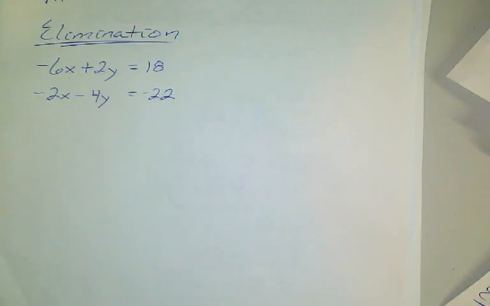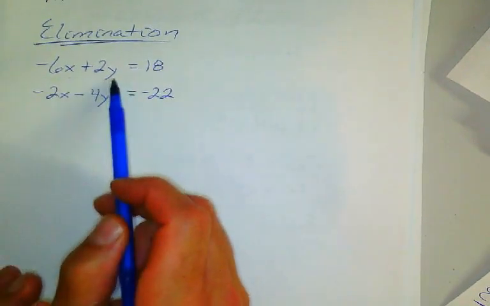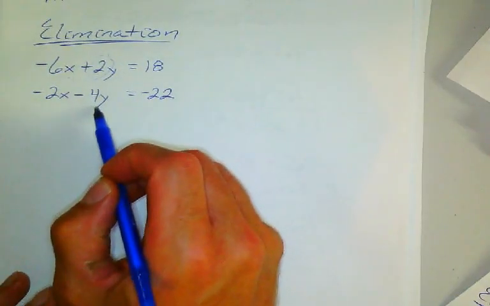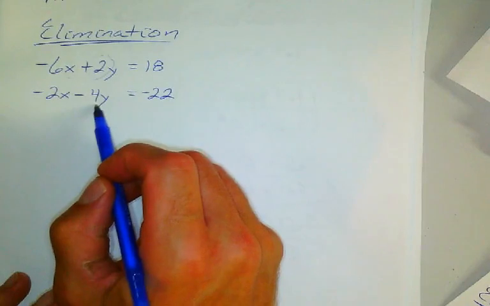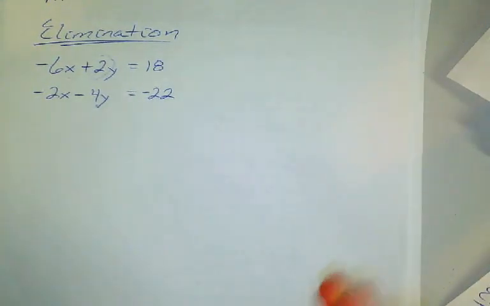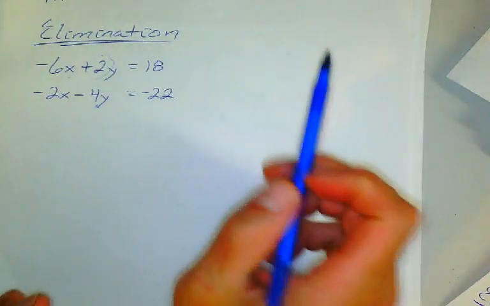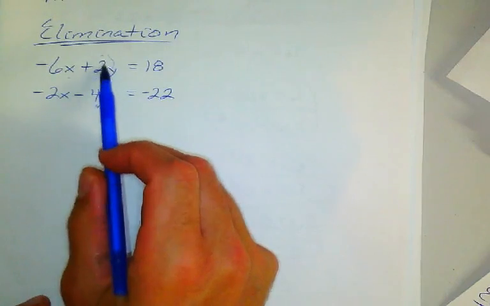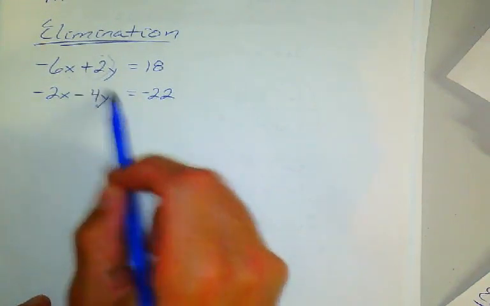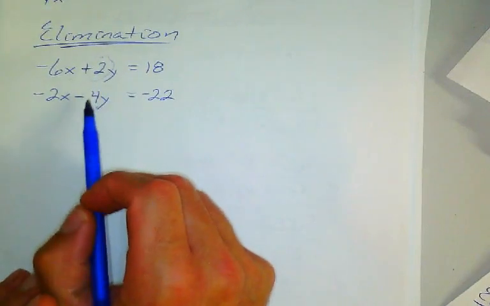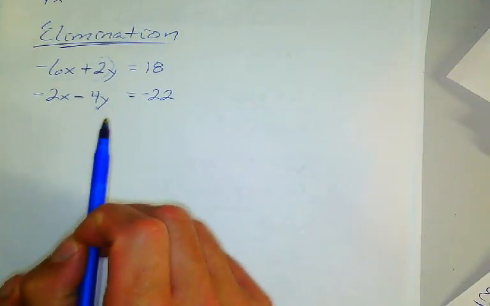So I'm going to pick one variable, either x or y, and try to make its coefficient the opposite of the coefficient in the other equation. In this case, I have a lot of options. Let's look at the y's here. I'm going to look at positive 2y and negative 4y. They're not quite opposites yet. They have opposite signs, which is a start, but they don't have opposite values.